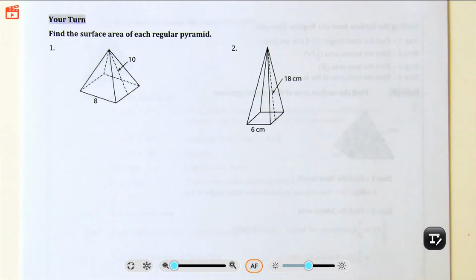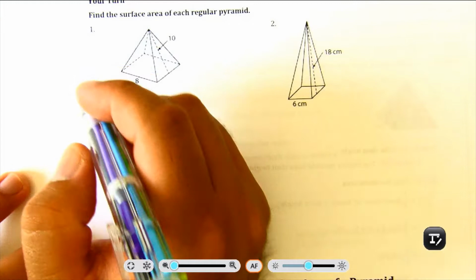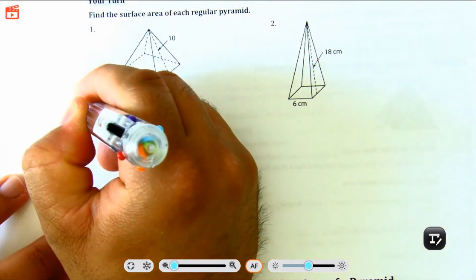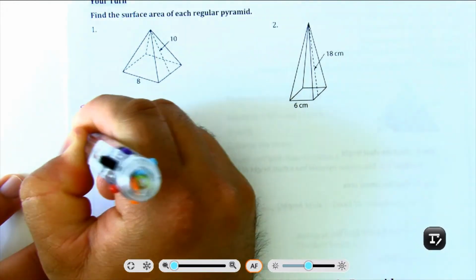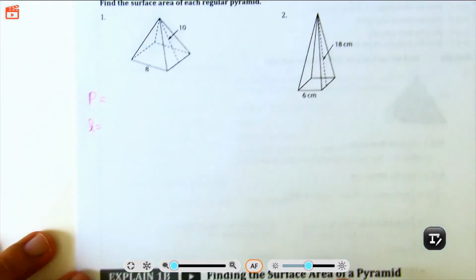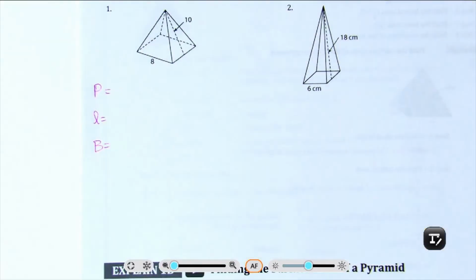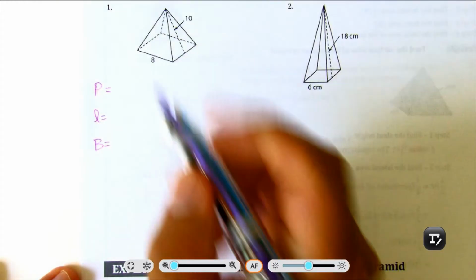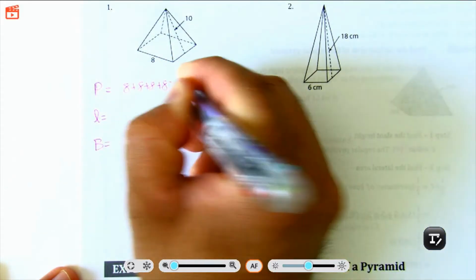So 3 key things that we need to find are the perimeter of the base, the slant height, and the area of the base, capital B. The perimeter of the base is 8 plus 8 plus 8 plus 8, which is 32.